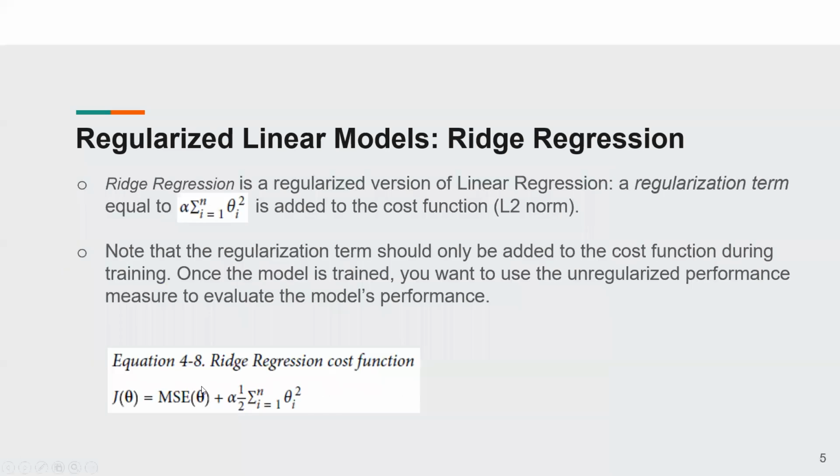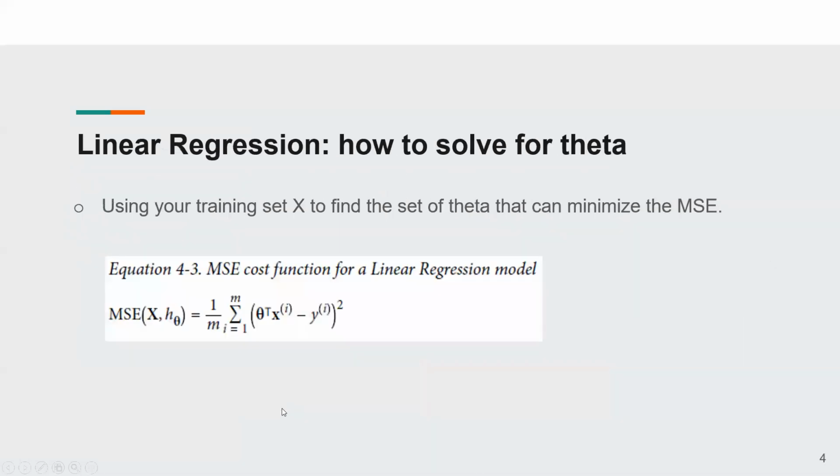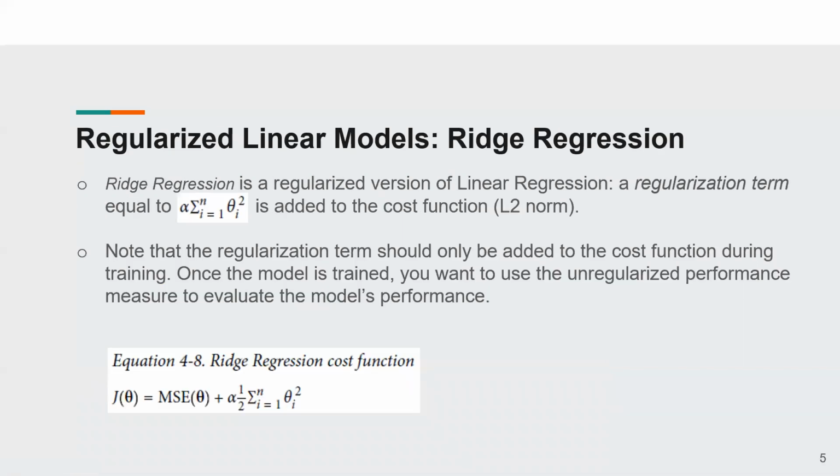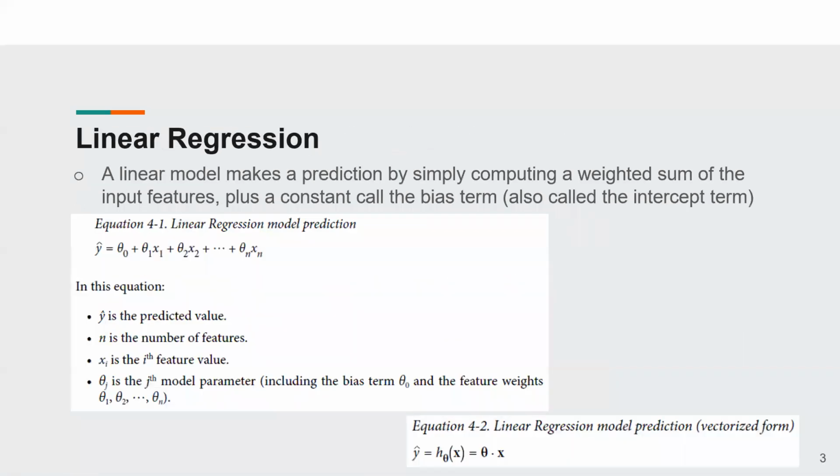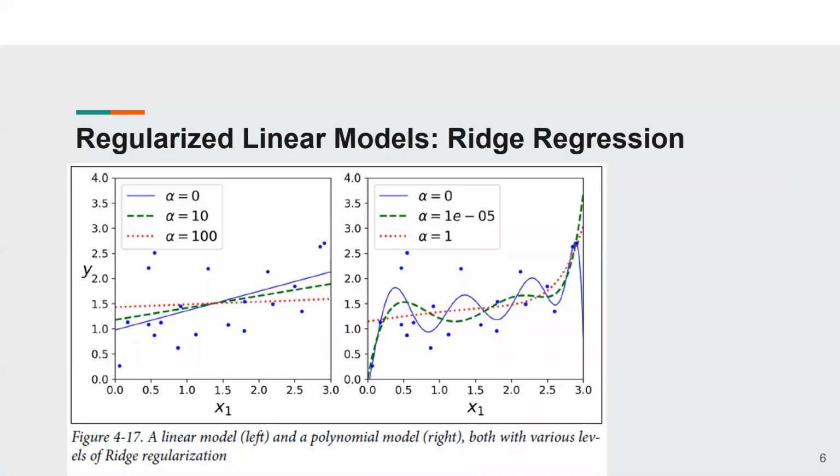Because we have theta i starting from 1, that's why it's driving the slope close to 0 once alpha is too big. It's the same thing for what's on the right-hand side, which is polynomial regression. Without alpha, or alpha equal to 0, it's just this regular blue line.